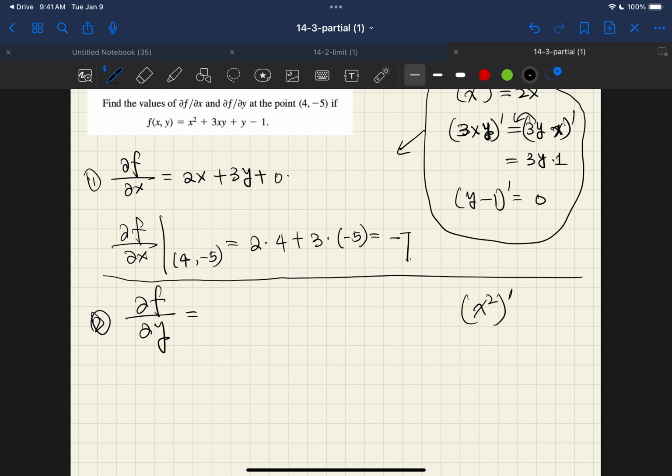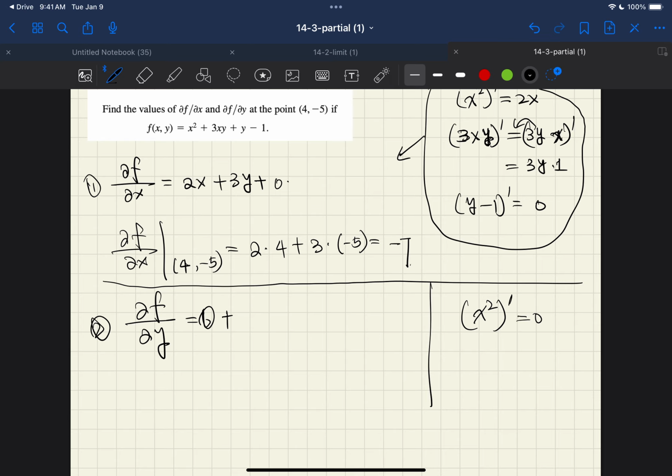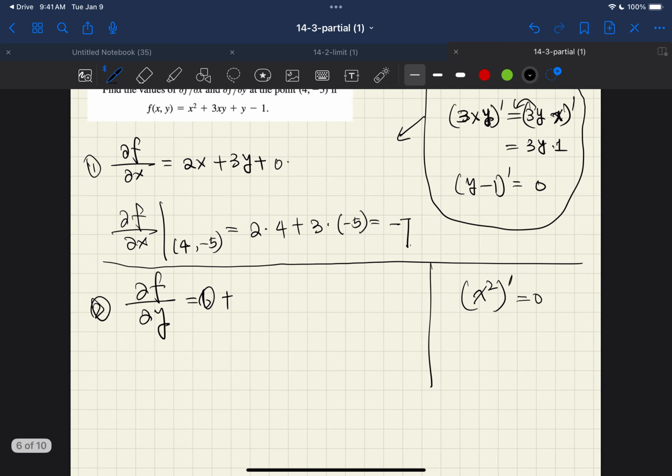Then constant prime is 0. So 0. And next is 3xy. For 3xy prime, now here x is frozen, only y is the changing variable. So this is 3x. You can take out this coefficient anytime from the derivative, and y prime is just 1, so 3x.